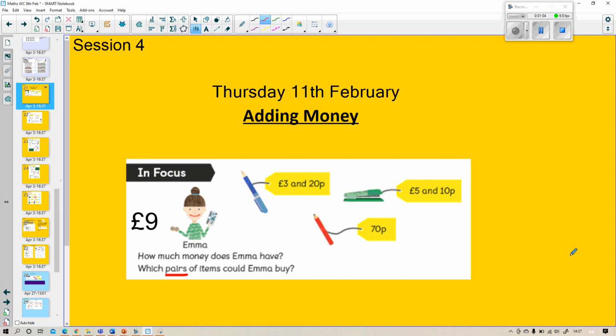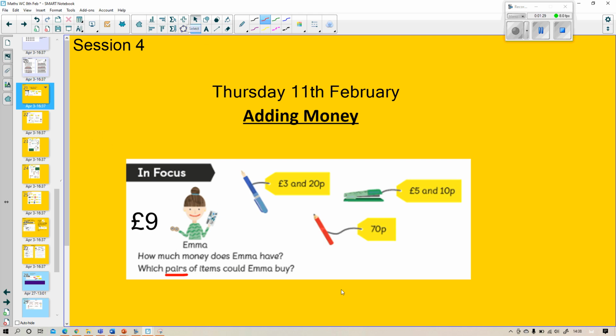Of course, we remember that when we're talking about pairs, we mean two of something. So she could buy the pen and the pencil, or could she buy the pen and the stapler? Which groups of two could she buy? Pause me now and have a go at working out which things she could pay for.